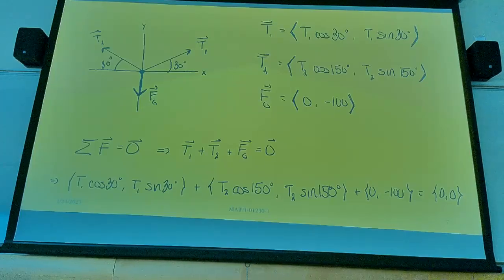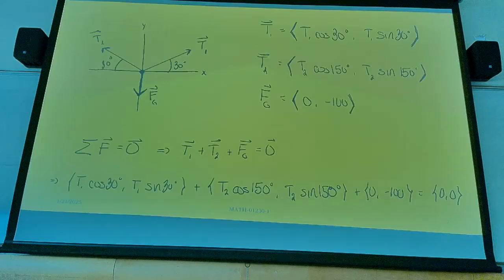Oh, wait, you meant like left side of the equation? Yes. Oh, okay. T1 at 30. Is that it? All right, that'd be the x component of the left-hand side, right? To add the vectors together. That has to equal the x component of the right-hand side.